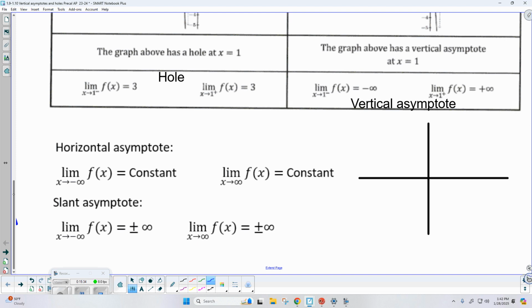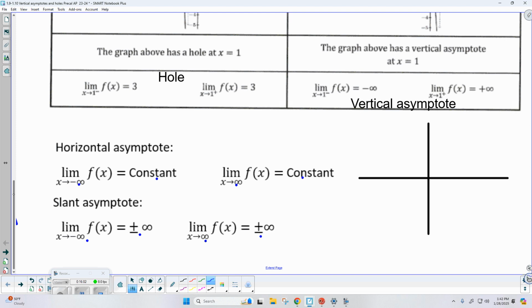So if your limit statements have x approaching negative or positive infinity, but the answer is a constant, some number, you're talking about a horizontal asymptote. Okay. If x is approaching positive or negative infinity, but your answer is positive or negative infinity, you're talking about a slant asymptote.